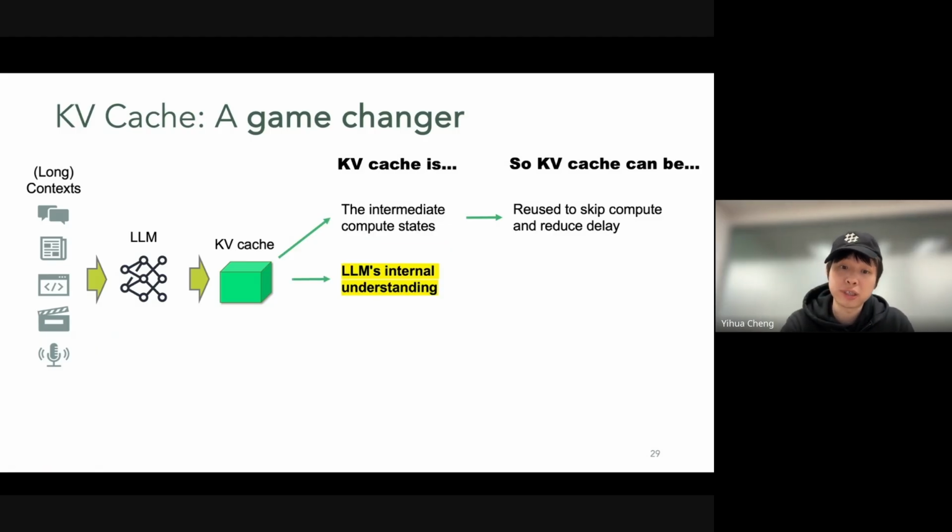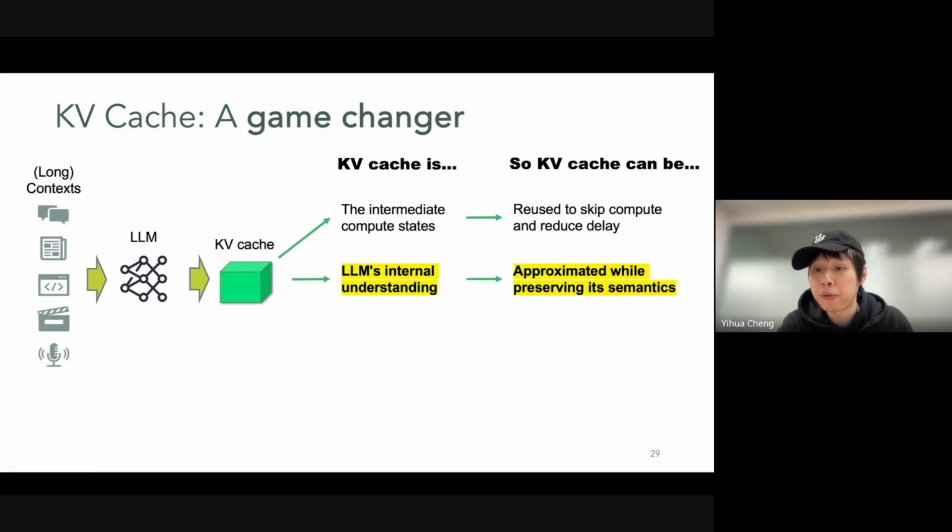KV cache also captures large language models' internal understanding of the context, which means that it can be approximated while still preserving its semantics. That's why those compressions and non-prefix reuse can make sense.